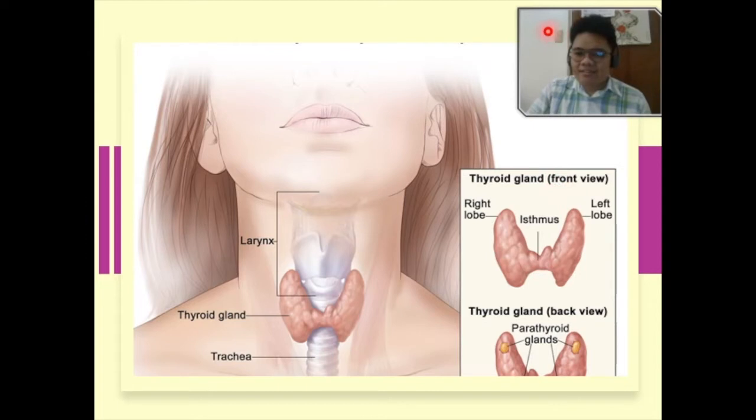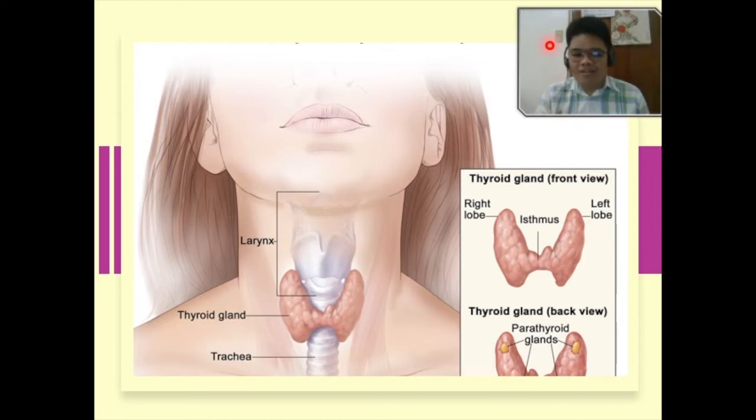Other than that, another organ involved in the control of the amount of our T3 and T4 is your TRH. Your TRH is your thyrotropin releasing hormone. It is released from the hypothalamus.